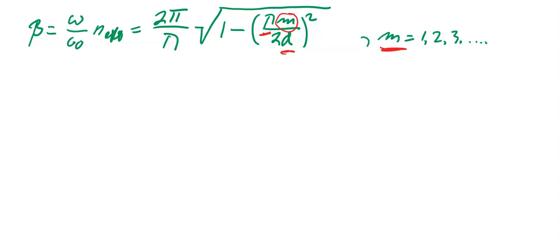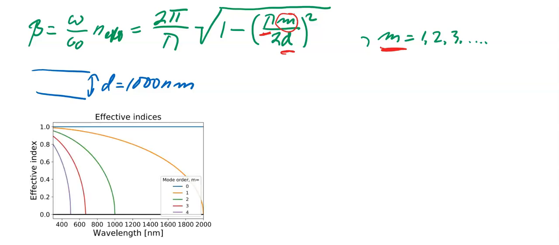Let's take an example of the mirror waveguide, where the distance between the mirrors is 1000 nanometers, and we'll calculate the effective indices as a function of wavelength.